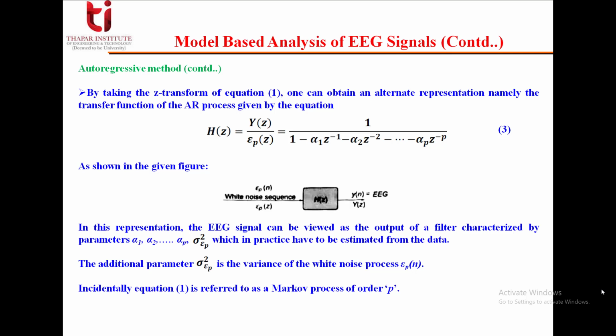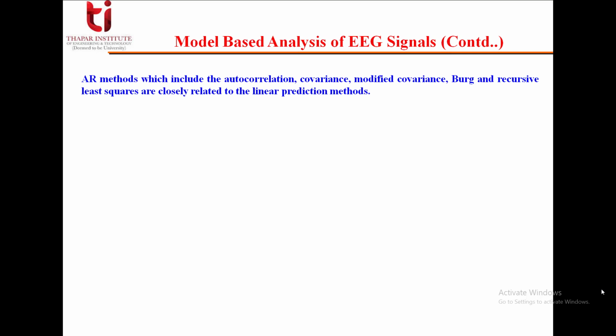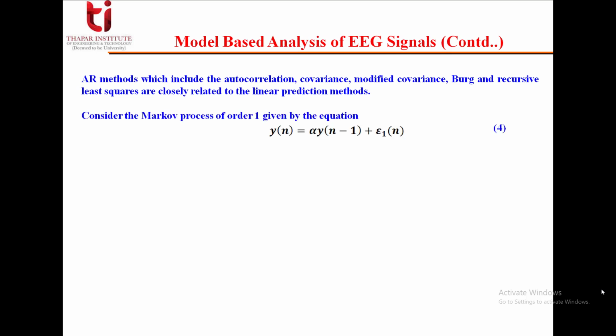Incidentally, equation 1 is referred to as a Markov process of order p. So AR methods, which include the autocorrelation, covariance, modified covariance, Burg and recursive least squares, are closely related to the linear prediction methods.